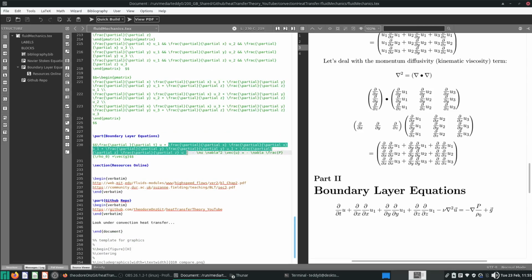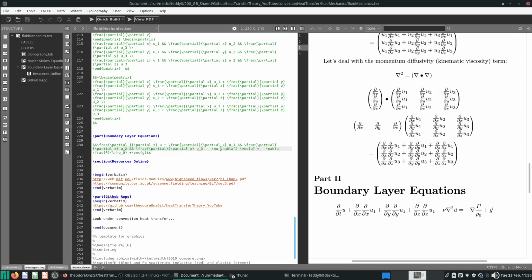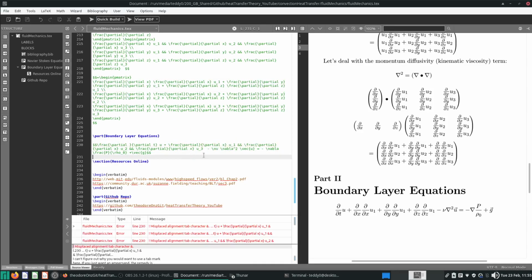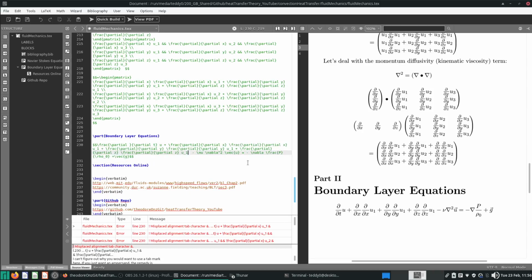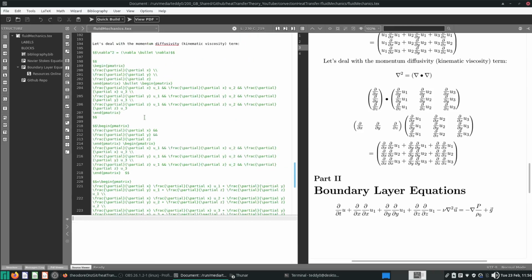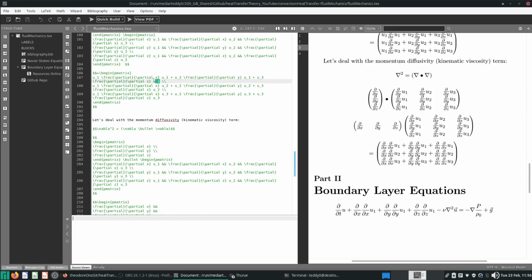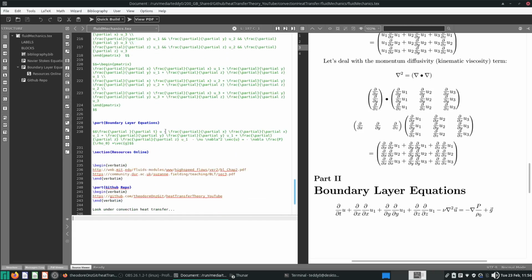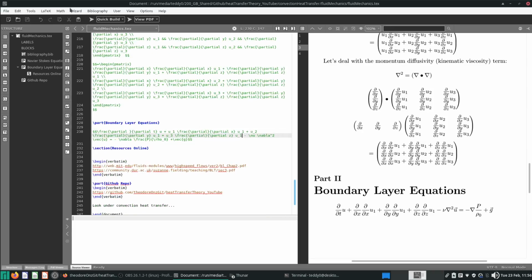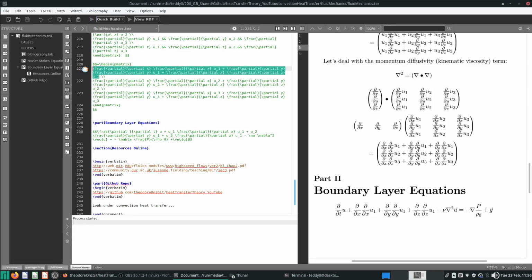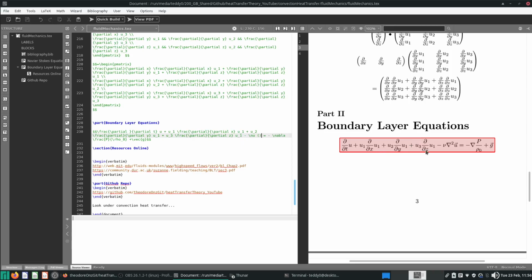And now we can replace the Laplacian term as well. Okay, let me try again. Yep, this is the one. And let's do the Laplacian term as well. Okay, so I have all of this here.